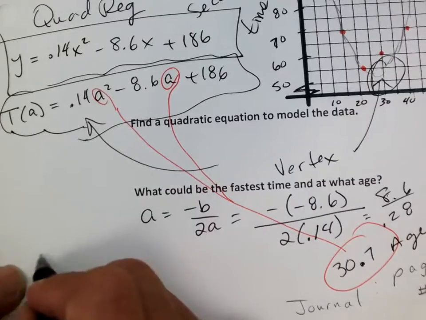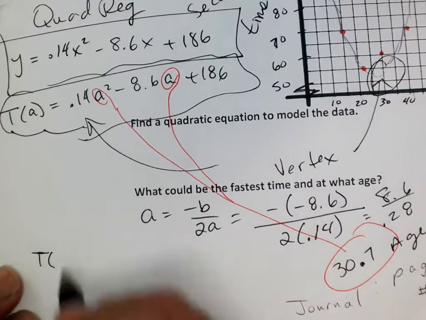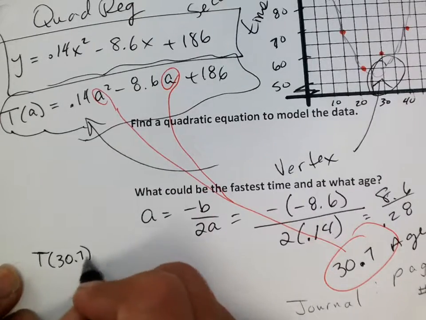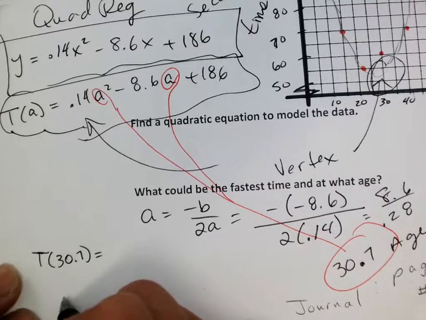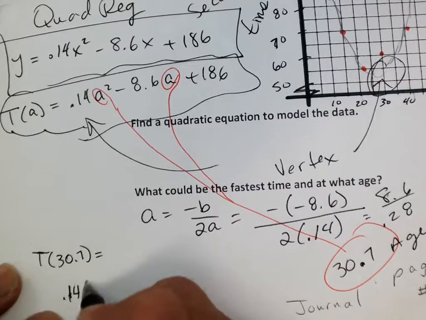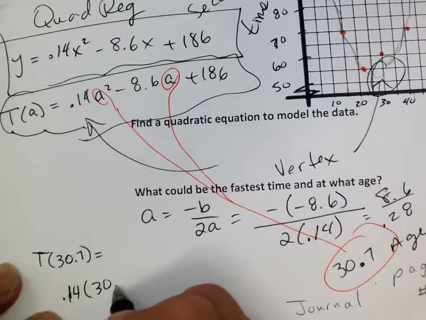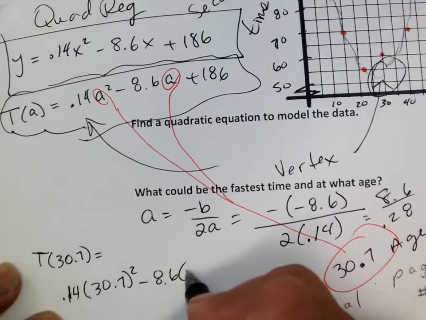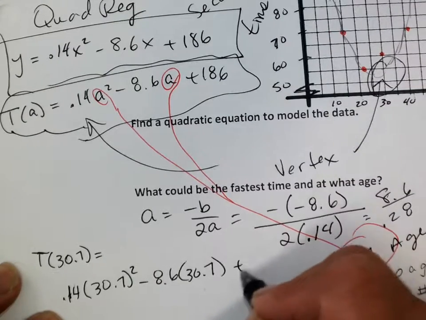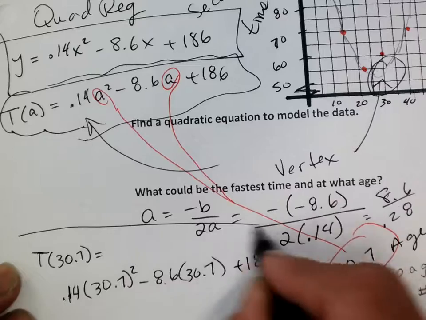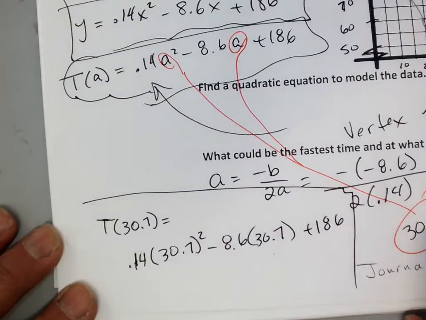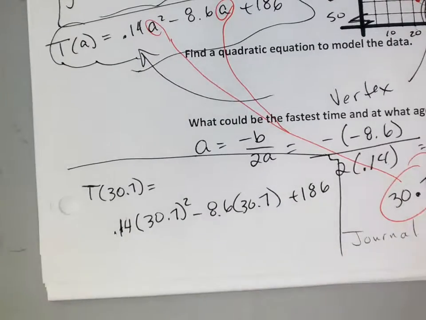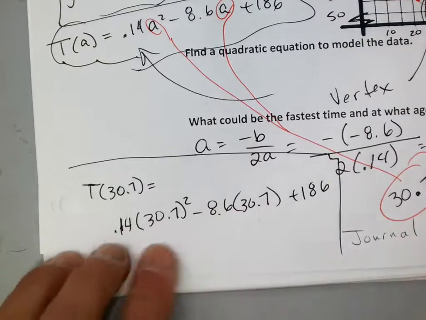So T of 30.7 equals 0.14 times 30.7 squared minus 8.6 times 30.7 plus 186, right? Okay, so I plugged it in, and definitely going to use my calculator. You guys agree? Because otherwise I'm not going to be able to do that. I cannot do that in my head.